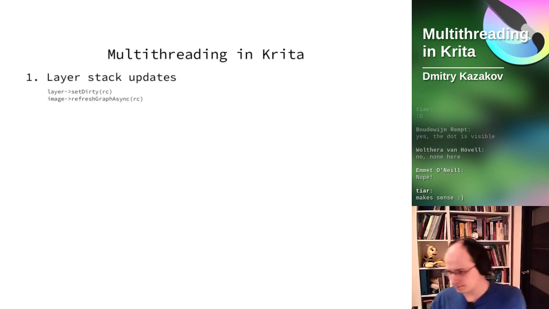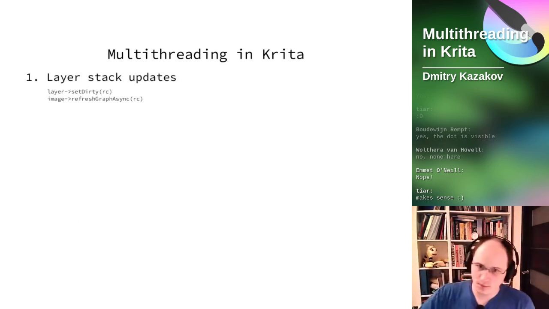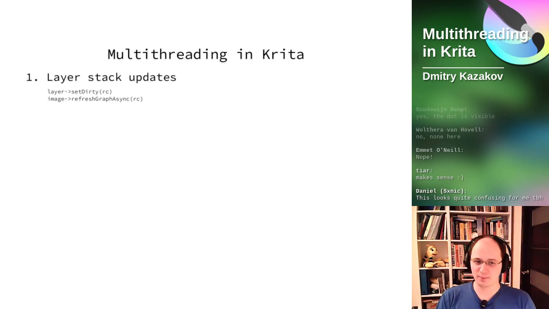So the first type of jobs that can be executed in the scheduler are layer stack updates. You usually start them by calling layer set dirty or image refresh graph async. If we speak in terms of OpenGL, these jobs are fixed pipeline.